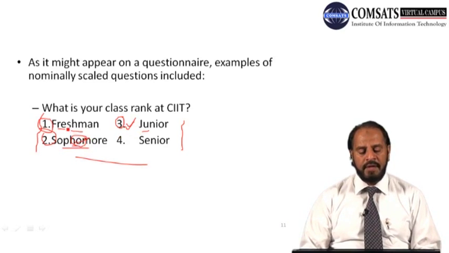To a computer, when you enter the data, it does not understand the difference between a freshman or a sophomore, but it will try to tabulate how many students are in the freshman year. Let's say 3 have ticked here, 2 have ticked here, 1 has ticked here, and 1 has ticked here. So you would say 3 are in the freshman year, 1 is in the sophomore year, 1 is in the junior year, and 2 are in the senior year.